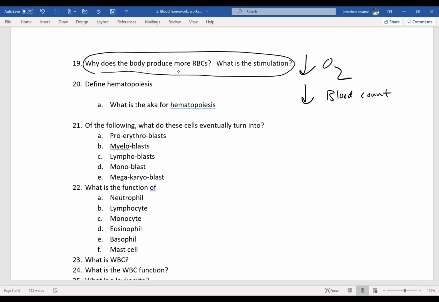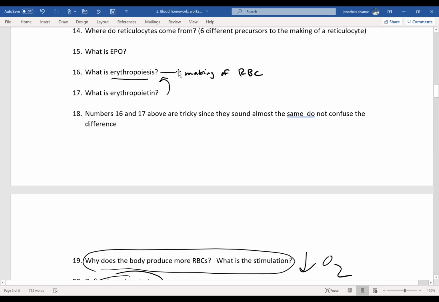Hematopoiesis is the process of producing blood cells, also known as erythropoiesis.